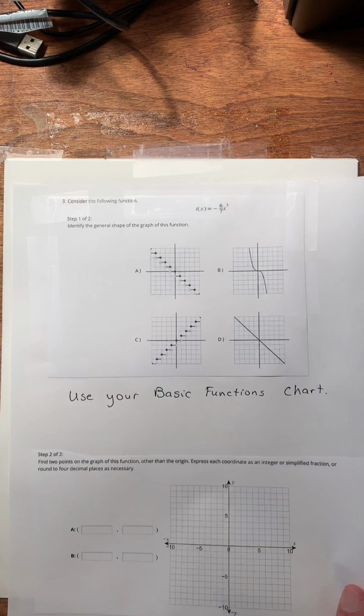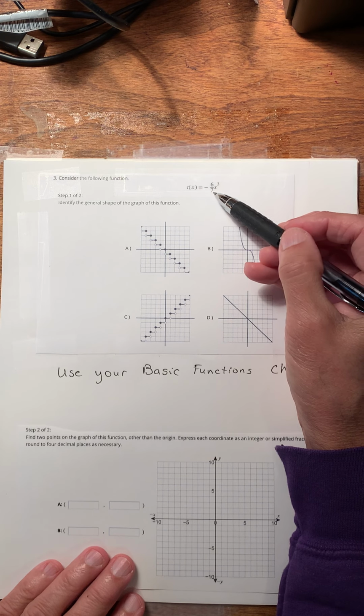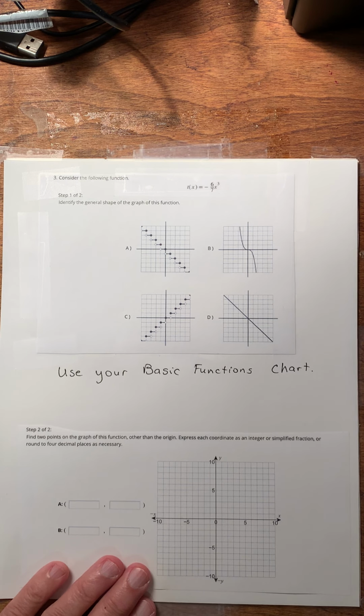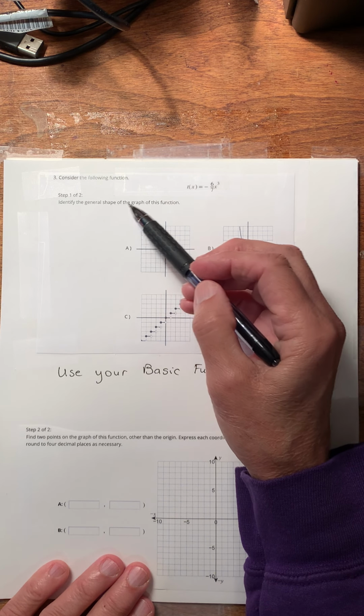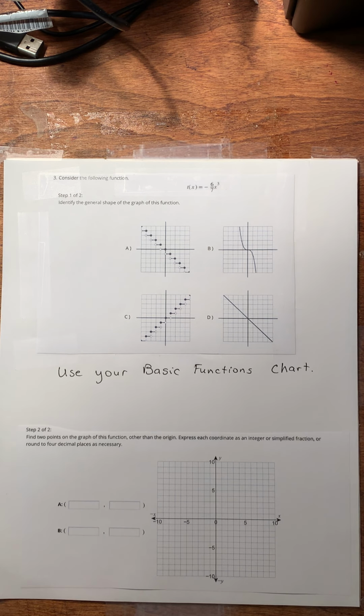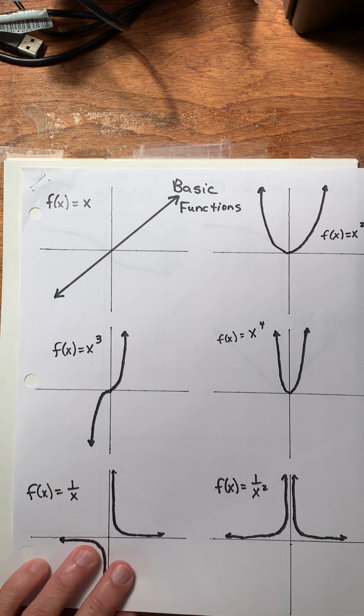All right. Number 3. Consider the following function, it says. There it is, negative 6/7 x to the 3rd. Step 1, identify the general shape of the graph. Now, what you're going to want to have handy when you do this is your chart of the basic functions.